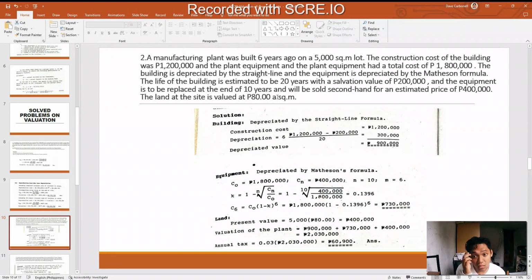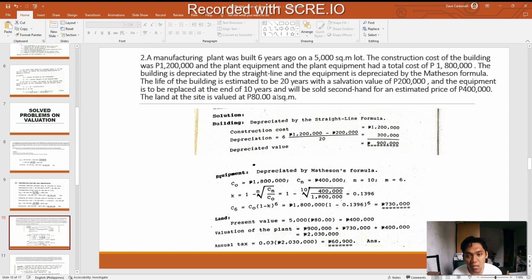Now to the equipment that is used. The depreciated amount of the equipment is given by the Matheson formula. The given are C subscript O equal to 1.8 million, C subscript N equal to 400,000, N equal to 10, and M equal to 6.